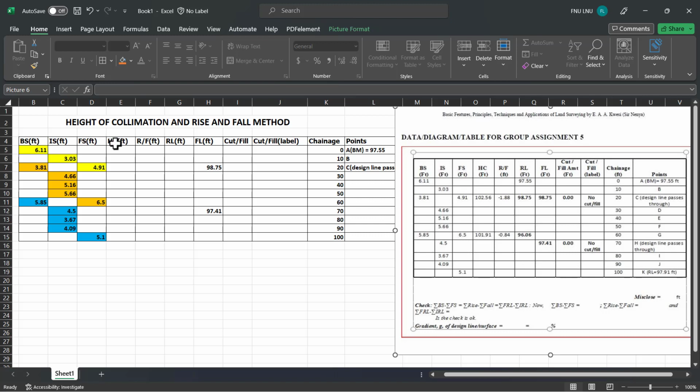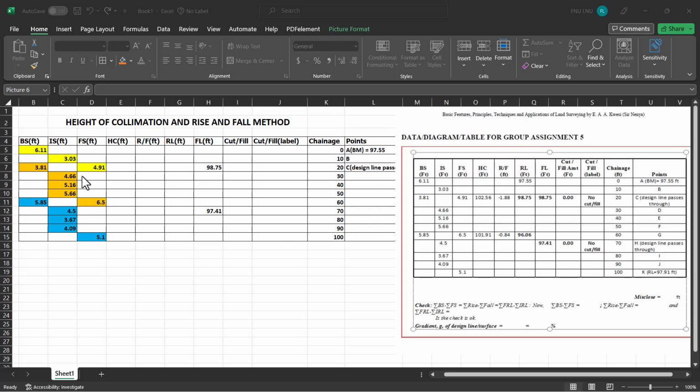The HC means height of collimation, the RF means rise and fall, the RL means reduced level, and the FL means finished level. This one means cut and fill, and this one is the label to indicate whether the place was cut or fill. And these are the chainages, that are the distances from individual positions of the levels. And these are the point descriptions.